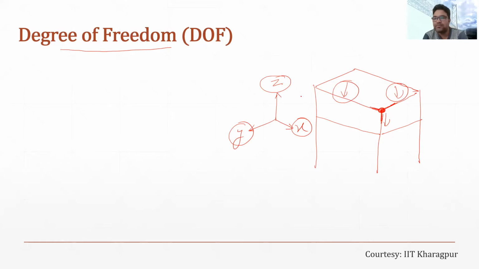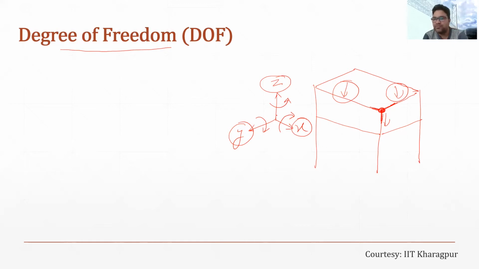Similarly, these loads are not concurrent, they are non-concurrent. Because of that, they may generate rotation also. So rotation can occur along the z-axis, it can occur along the y-axis, and it can occur along the x-axis. Therefore, the total movements in this joint are 6: 3 are translation and 3 are rotation.